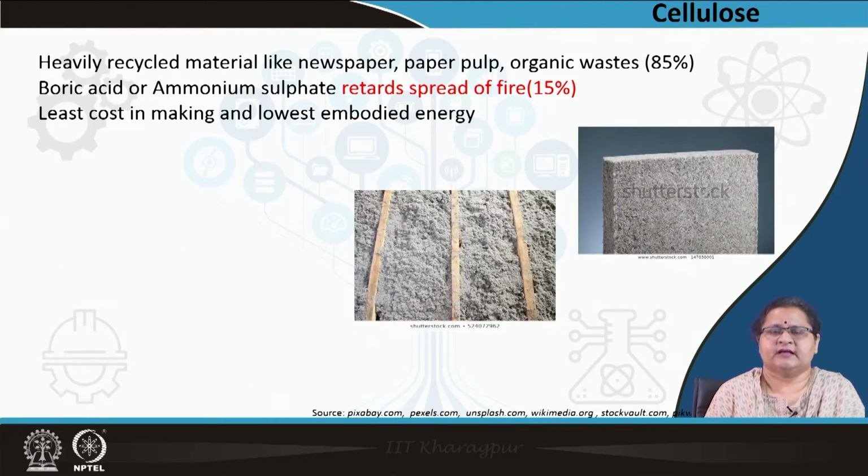It is nothing but recycled newspaper, paper pulp, waste paper, organic waste, and as all these materials are flammable, we need to add boric acid or ammonium sulphate into it, which retards the spread of fire.